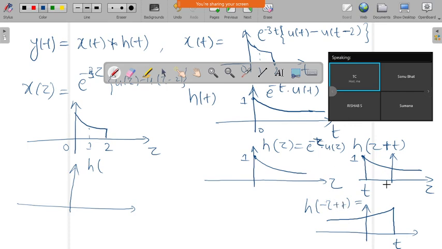If I replace that, we get e power minus of minus tau, which becomes plus tau, and then minus t, so tau minus t. So this is the expression for h of minus tau plus t. You need to replace this while performing the integral. So h of t minus tau, or minus tau plus t, is equal to e power tau minus t.